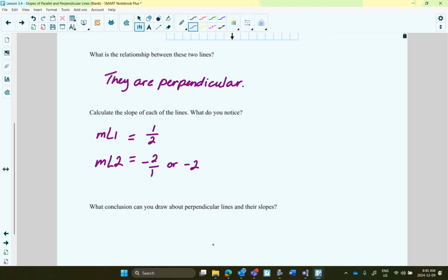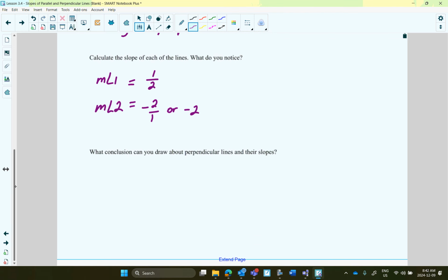So if I find the slope of a line perpendicular to this, I have to flip it and change the sign from positive to negative. If I find the slope of a line perpendicular to this, I flip it and change the sign to positive. So we would say the slopes of perpendicular lines are negative reciprocals of each other.